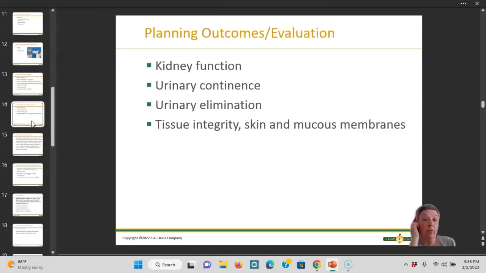Planning outcomes and evaluations. So kidney function, urinary continence, urinary elimination, tissue integrity, skin and mucous membranes. So you want to make sure the tissue integrity. If things are swollen, like from having a baby, that could cause functional urinary incontinence.